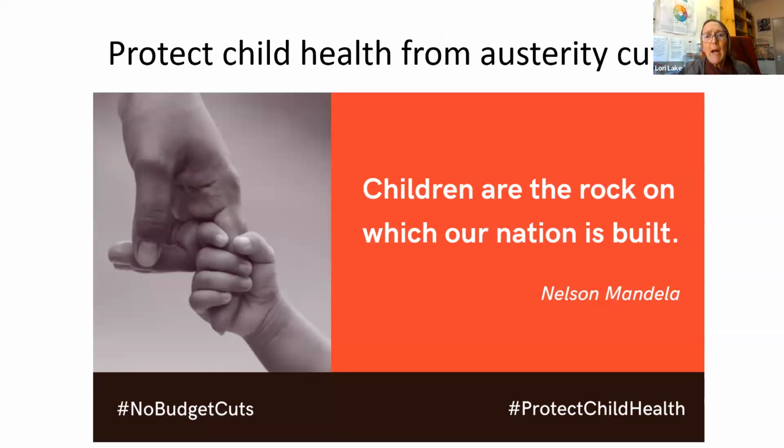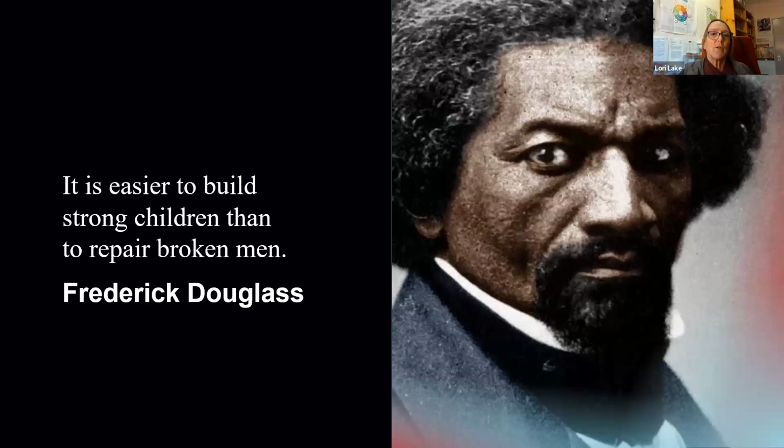And perhaps just 2 final words. One is to recognize that children are the rock on which our nation is built. And drawing on a second quote from Frederick Douglass, who was an abolitionist in America, it is easier to build strong children than it is to repair broken men.